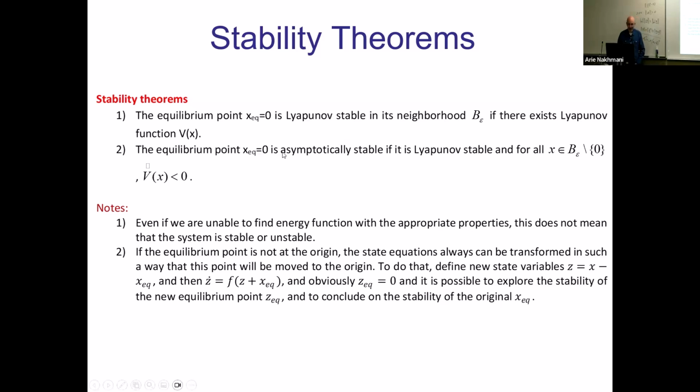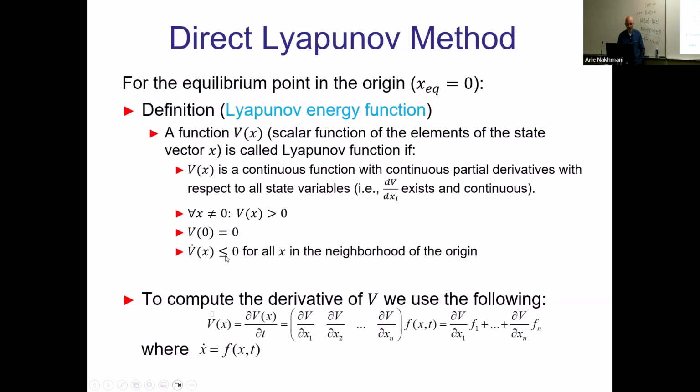Now, for asymptotic stability, it needs to be Lyapunov stable, which means this function needs to exist. And this is the only difference here: the derivative, V dot, needs to be always negative. The difference from that thing is we remove that thing here. It cannot be equal to 0. It will always be monotonically decreasing in time, right? This is the only difference. And this is reasonable. Why?